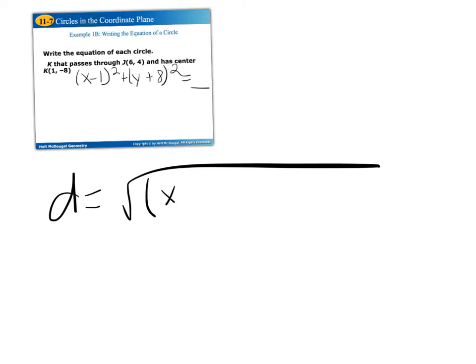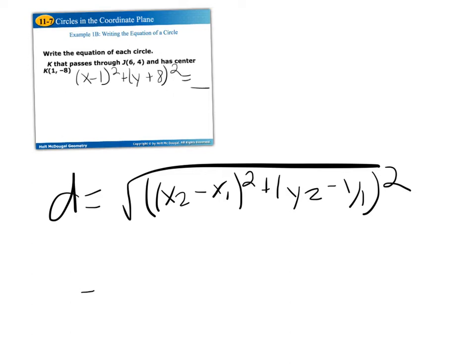So the distance formula is the square root of (x2 minus x1) squared plus (y2 minus y1) squared. All right, doesn't matter what point you choose. Since we're good with the distance formula, I'm going to go ahead and just solve for it.